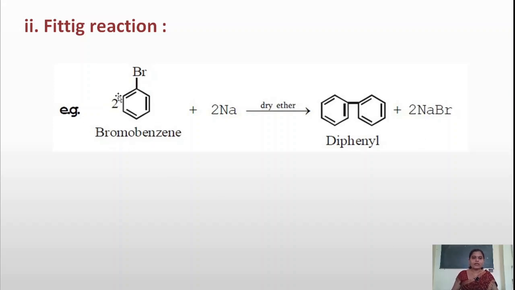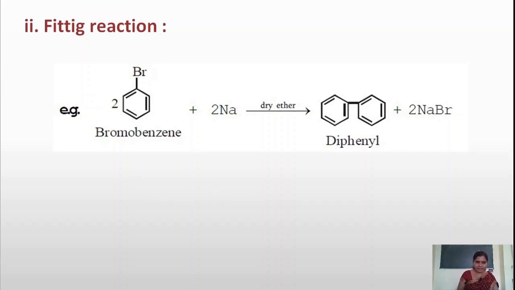Here is the example of two bromobenzene molecules. When they react with sodium in the presence of dry ether, the two phenyl rings get attached together to form diphenyl, and the byproduct of this reaction is 2NaBr, that is sodium bromide. So this is about the Fittig reaction.